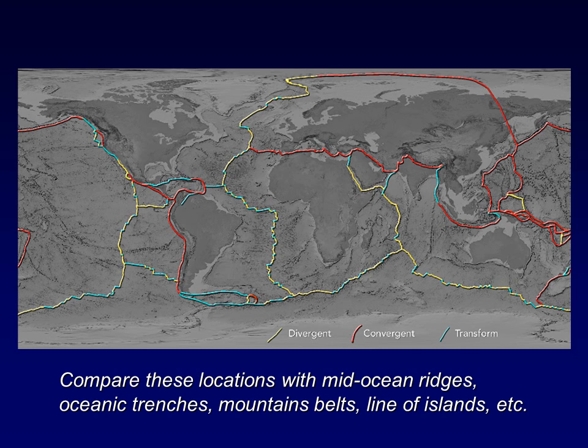When we have a convergent boundary, it's consistent. It's just a convergent boundary. Whereas when we have a divergent boundary, where the plates are moving apart, usually those pieces that are moving apart are connected by transform boundaries as well.